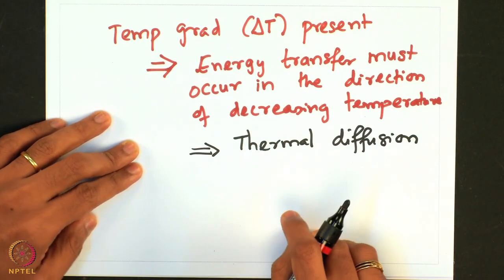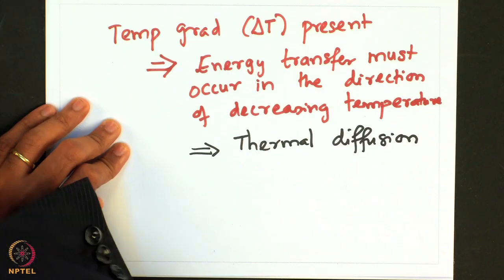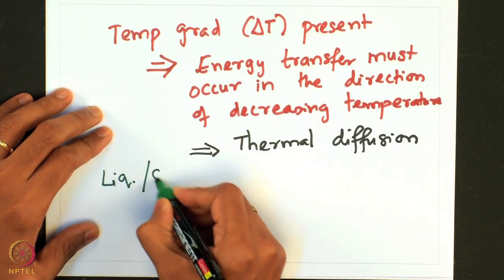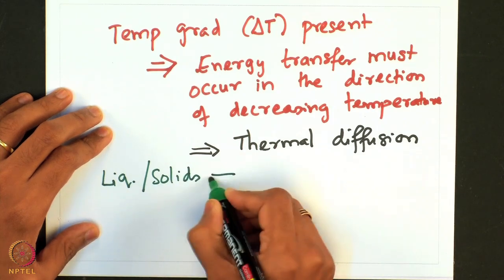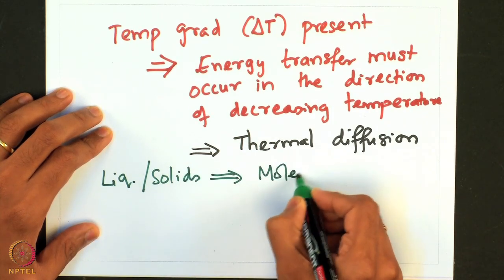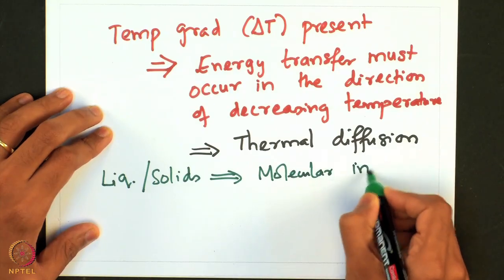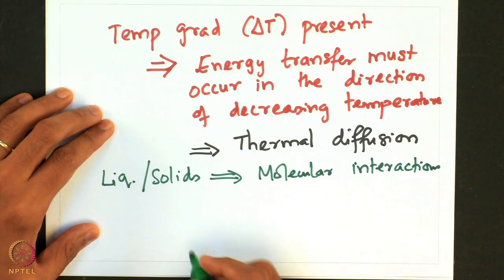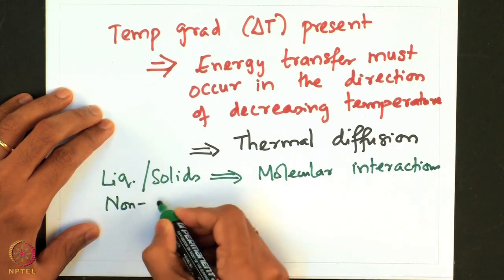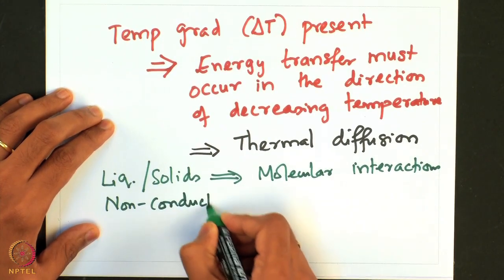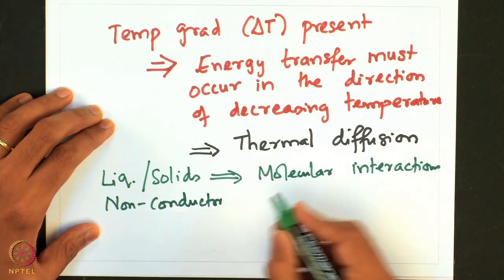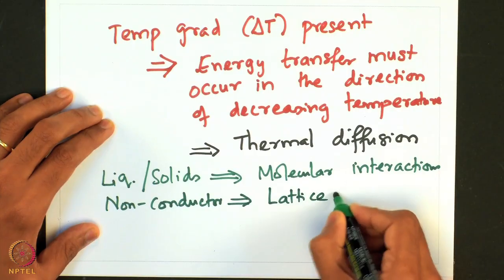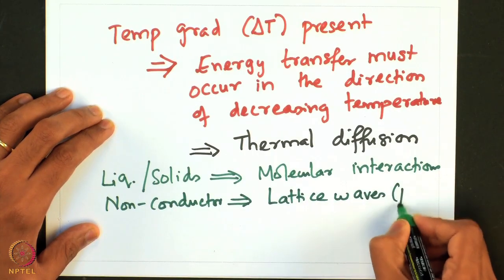The conduction or thermal diffusion in liquids or solids typically occurs through molecular interactions. However, in a non-conducting material, the typical transport occurs because of lattice waves.